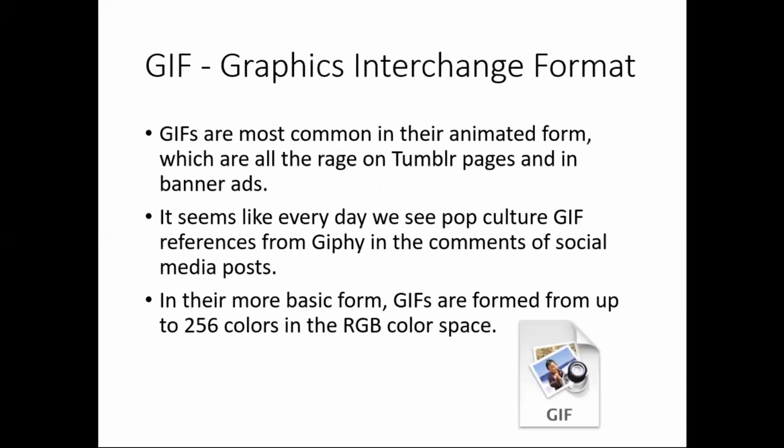Then GIF. GIF means Graphics Interchange Format, right? It is formed from up to 256 colors using the RGB color space. It is another type of image, but we can see some animation, right? This GIF image contains a set of images, and the images will change with time.